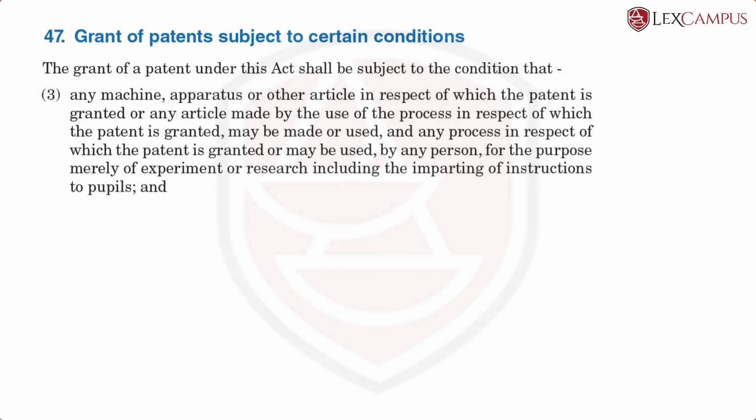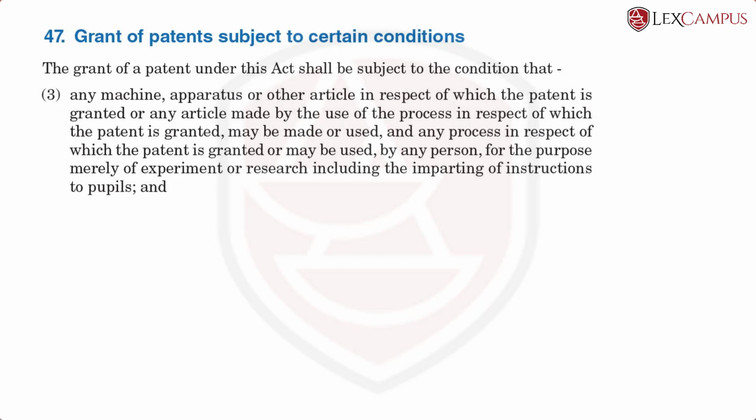3. Any machine, apparatus or other article in respect of which the patent is granted, or any article made by use of the process in respect of which the patent is granted, may be made or used, and any process in respect of which the patent is granted may be made or used by any person.